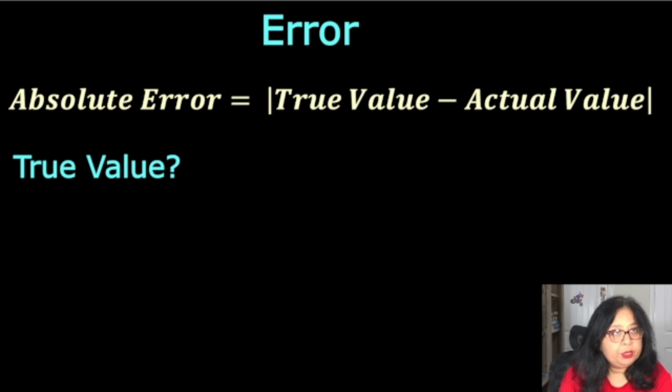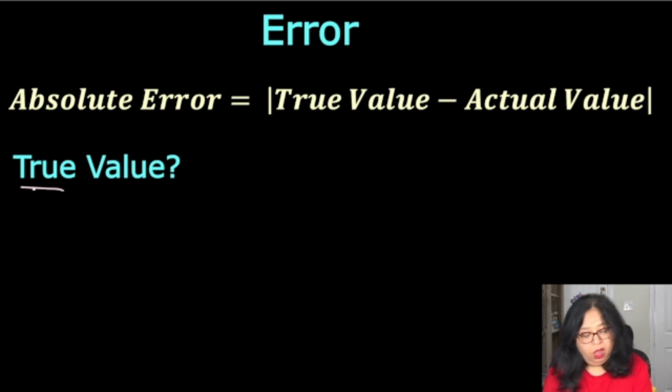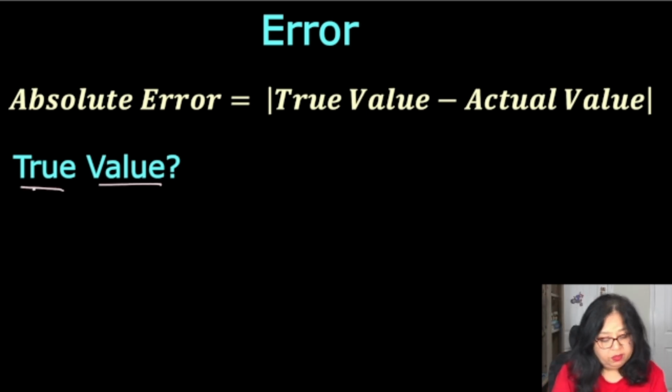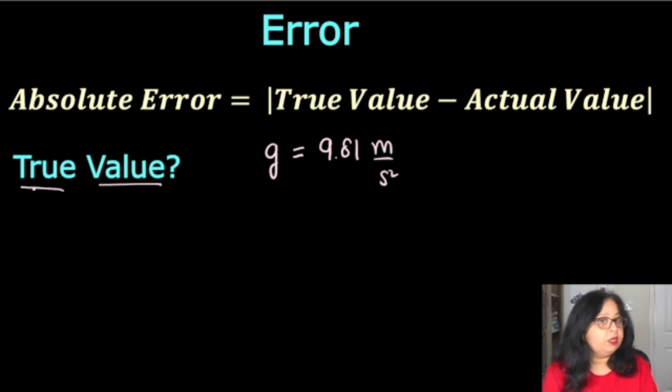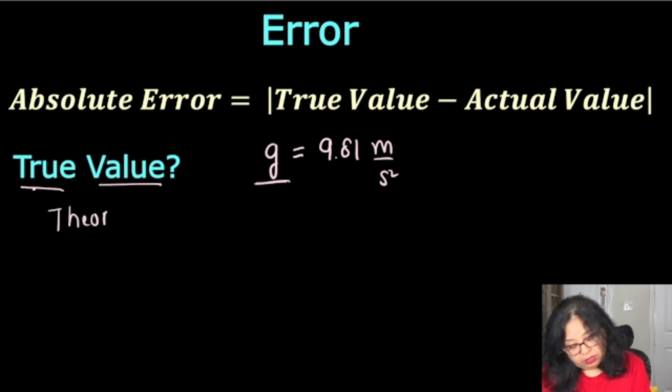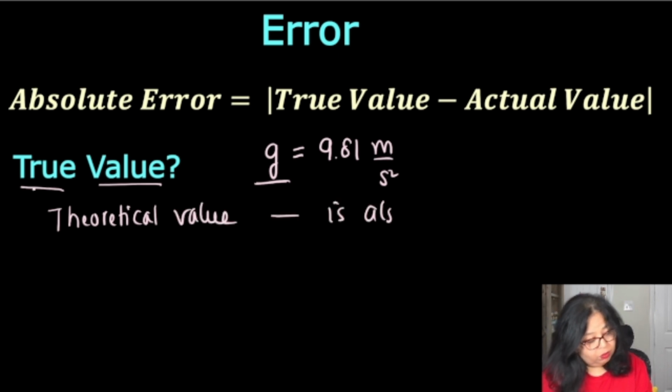The next logical question to ask is, how do we get true value? We said that g on the surface of Earth is 9.81 meters per second square. But where does this value of 9.81 meters per second square come from? As a matter of fact, this true value that we're calling theoretical value or known value is also an experimentally determined value.